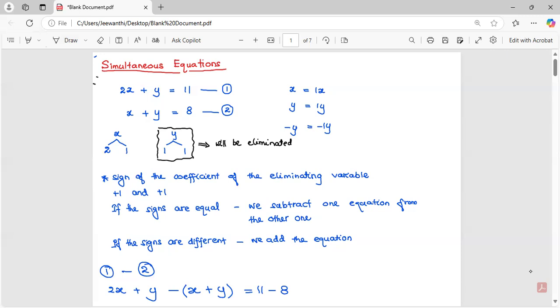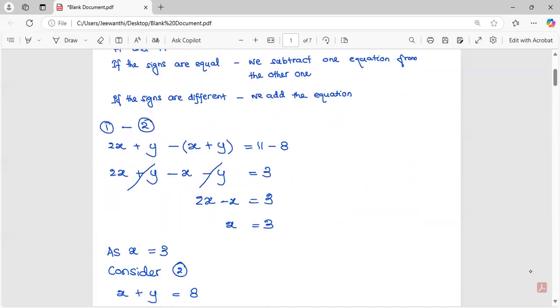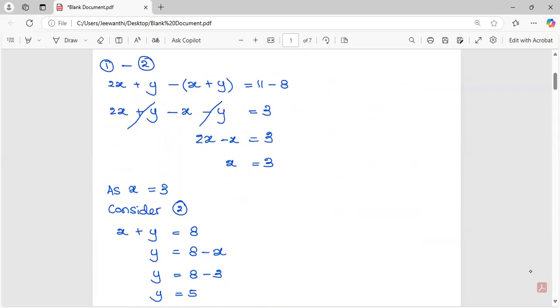But again, if you do 2 minus 1, you will get the same answer, but you have to deal with negative numbers. That's the difficulty we will have. When writing this subtraction, first you write the first equation part, then subtraction, and you open the bracket, you write the second equation components, and 11 minus 8.